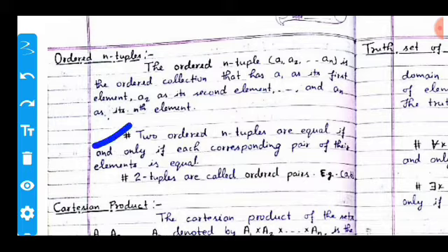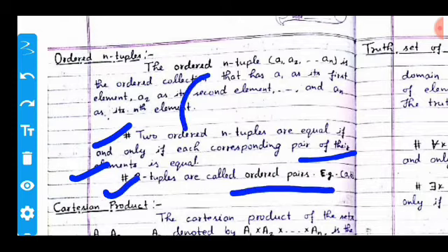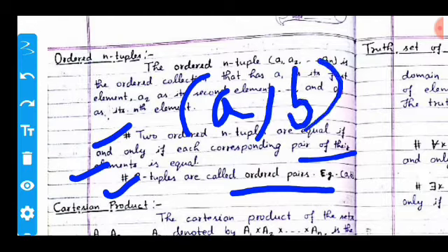Two ordered n-tuples are equal if and only if each corresponding pair of their elements is equal. So, a 2-tuple is called an ordered pair. Example, (A, B) is an ordered pair.